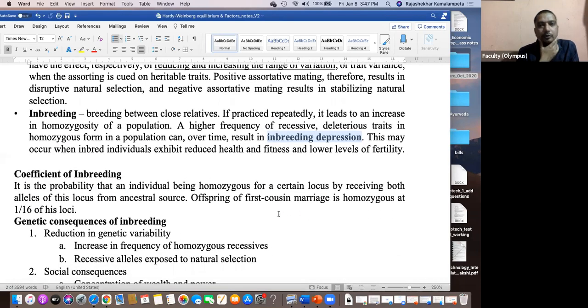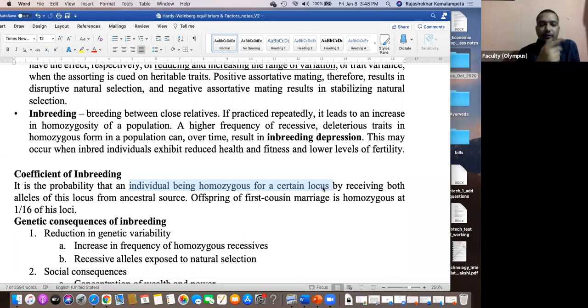I don't know whether you need to know this much, but for all these things, there are mathematical ways to calculate the numbers. If you want to calculate the percent or amount of inbreeding that is happening, there is a statistical term for that called the coefficient of inbreeding. It calculates the probability of an individual being homozygous for a certain locus, meaning at certain genes, like capital T, which we talked about for testers.